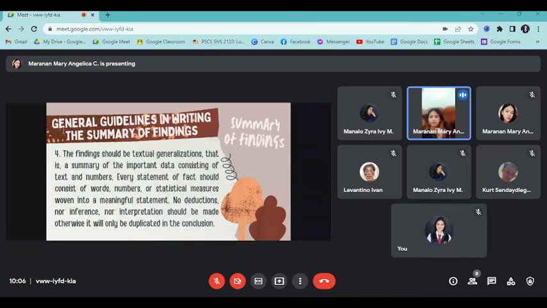Lastly, number 4, the findings should be textual generalizations, that is, a summary of the important data consisting of text and numbers. Every statement of fact should consist of words, numbers, or statistical measures woven into a meaningful statement. No deductions, nor inference, nor interpretation should be made, otherwise it will only be duplicated in the conclusion.